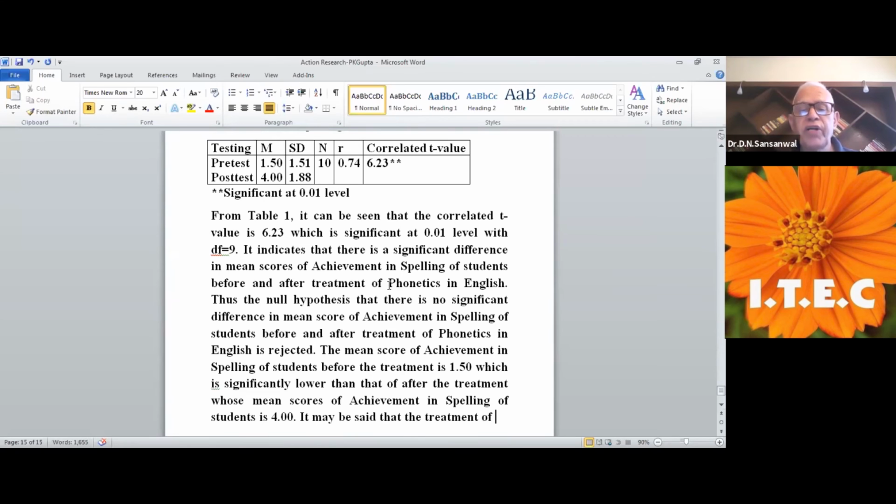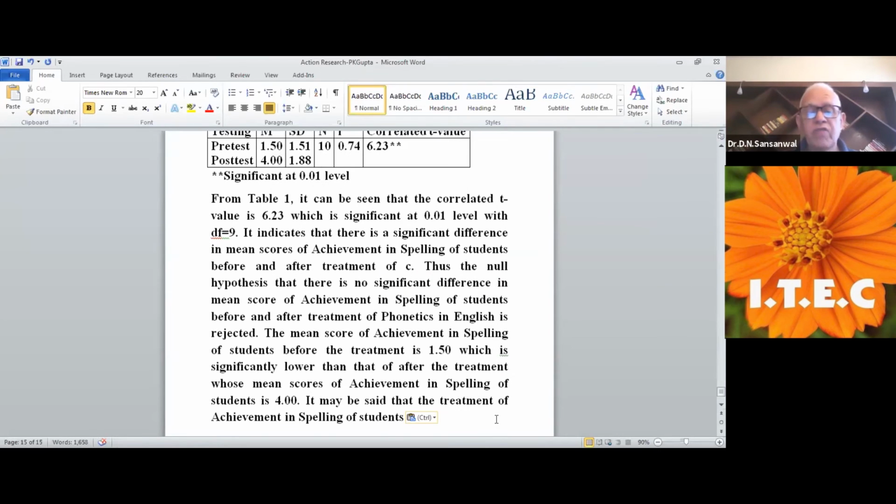of phonetics in English helped students in improving their spelling in English.